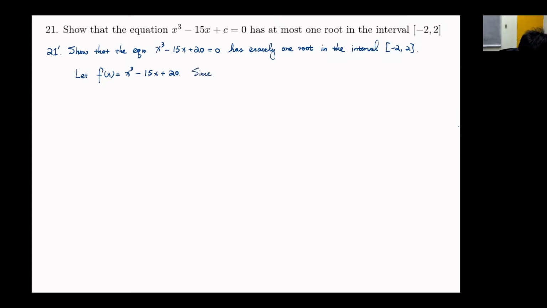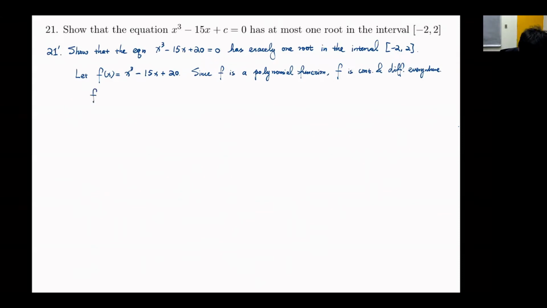So since f is a polynomial function, f is continuous and differentiable everywhere. So in particular, it will be continuous and differentiable on minus 2 and 2, but you don't need to actually argue that part.